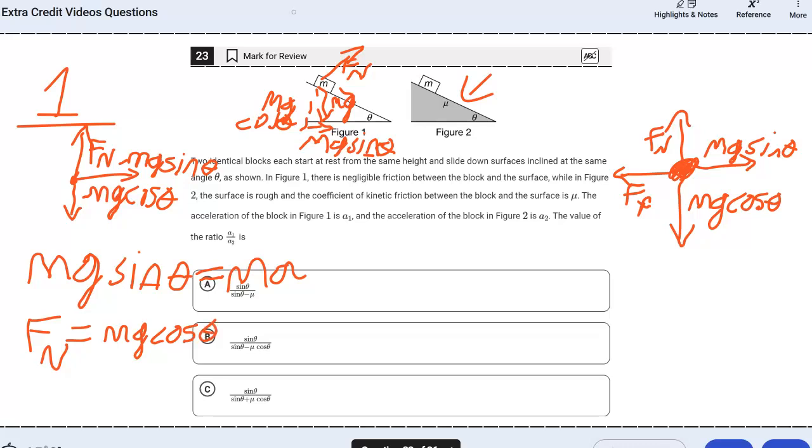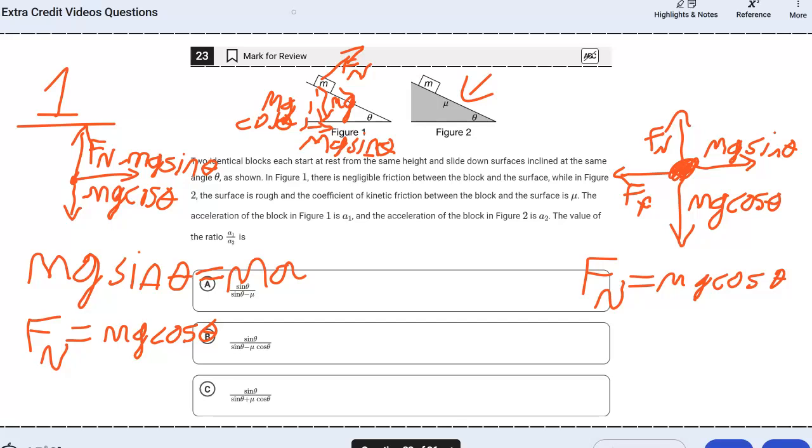For figure 2, we have Fn again, mg cosine theta.